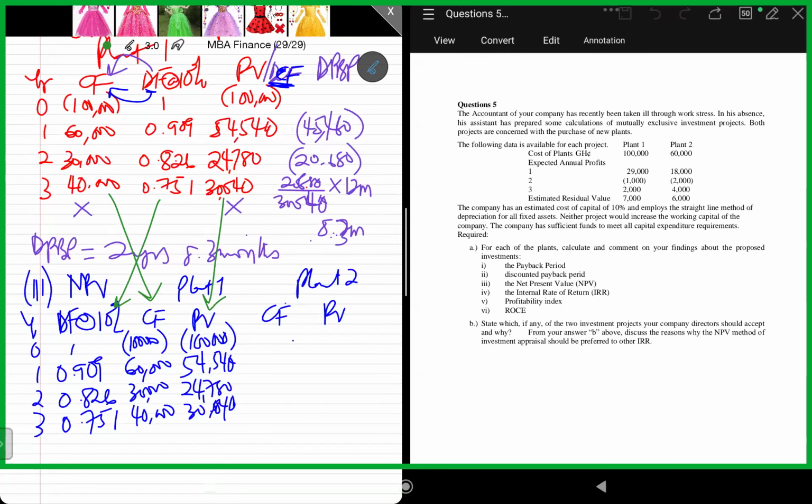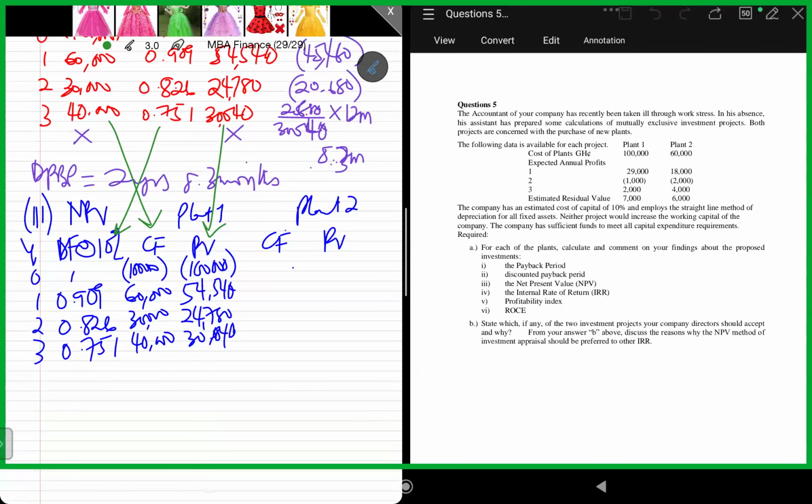So plant 2, give me the values. The cash flows are negative 60,000 at year 0, then 36,000, 16,000, and 28,000.